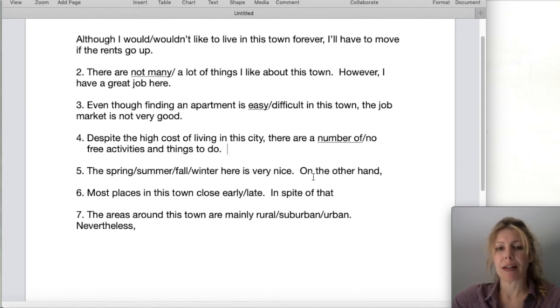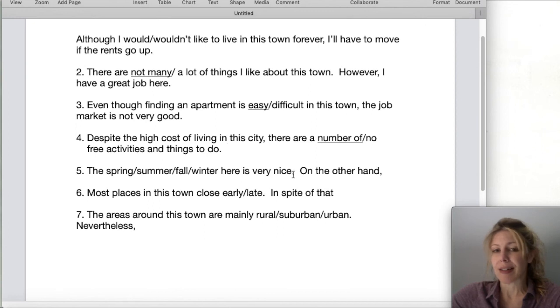All right, number 5. The spring, summer, fall, winter. Choose one. Okay, here is very nice. On the other hand, okay, so I'm thinking of Texas. Let's think about the North Texas area. Let's see, the spring or the fall. I'm going to pick the fall.